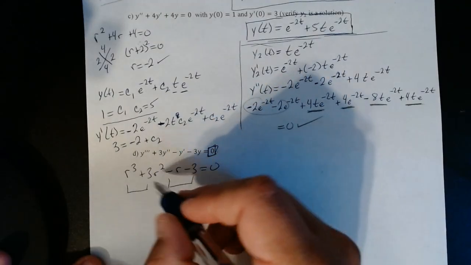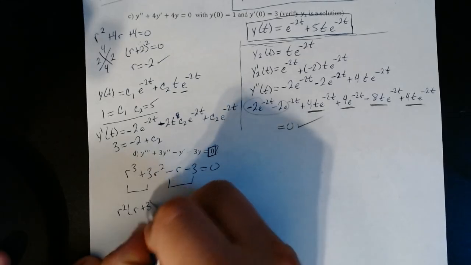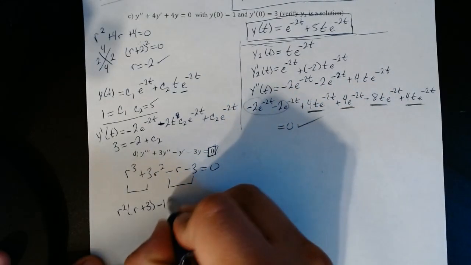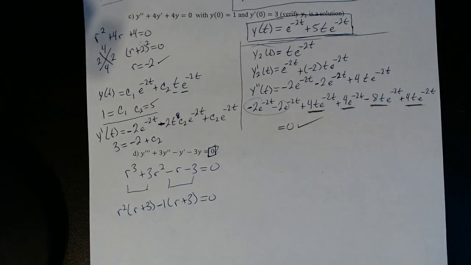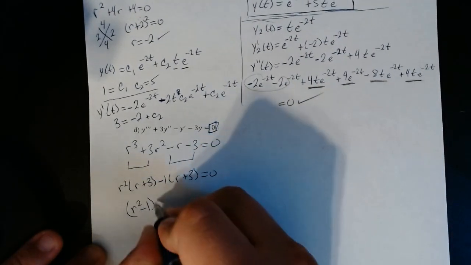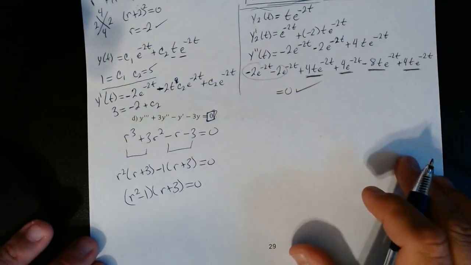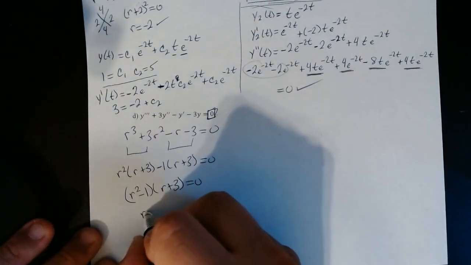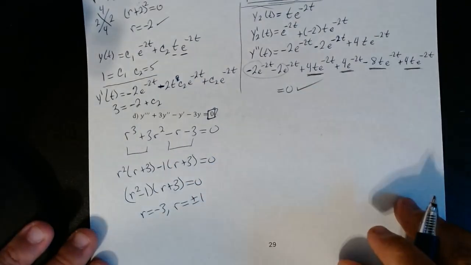This is grouping method. So factor out an r squared. Factor out negative 1. So we get r squared minus 1 and r plus 3 equals 0. So we get r is equal to negative 3 and r is equal to plus or minus 1.